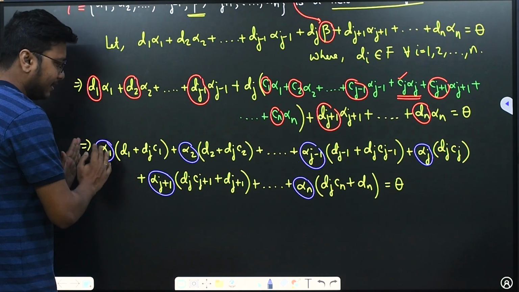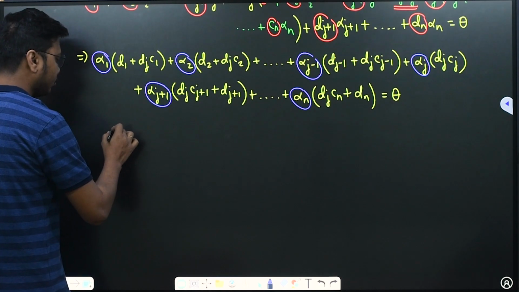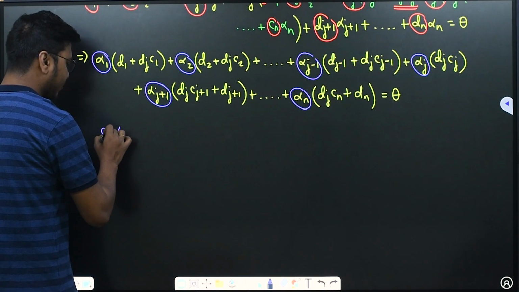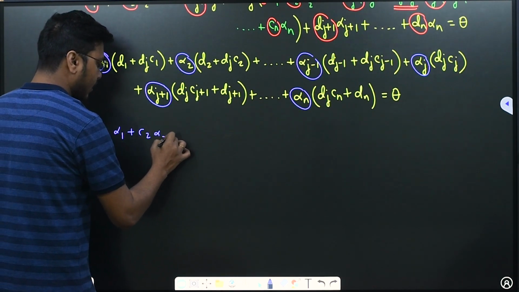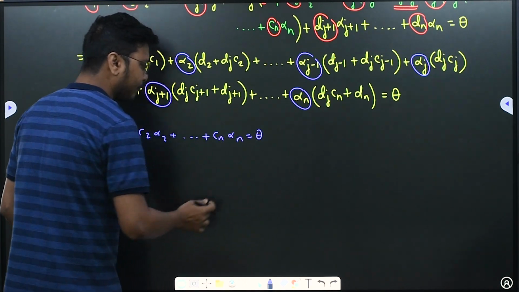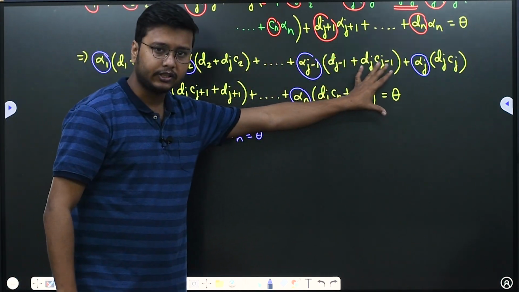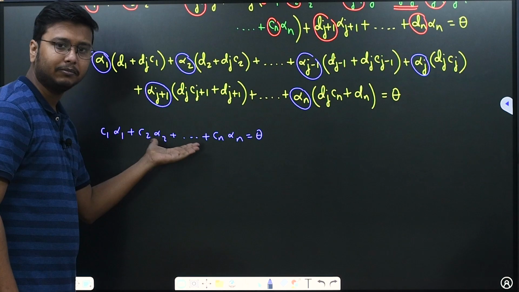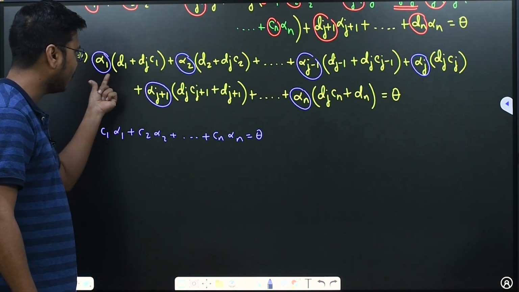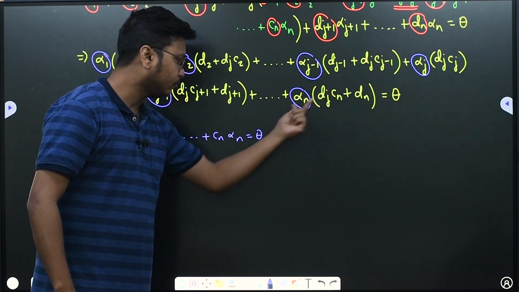So this expression is very much similar to c1 alpha 1 plus c2 alpha 2 plus dot dot cn alpha n equals theta. I'm just writing it in a rough manner: some constant into alpha 1, some constant into alpha 2, up till some constant into alpha n equals theta.